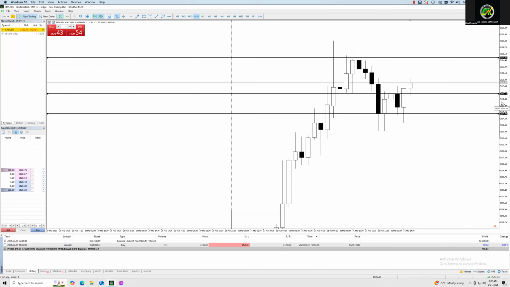So that's the first trade of the day. I'm done for the day. I normally trade from 8 to 10:30. I know some people say, oh, $99 is small, but think about it.